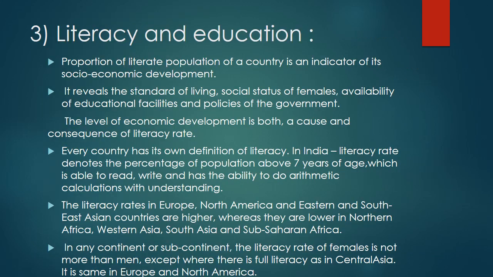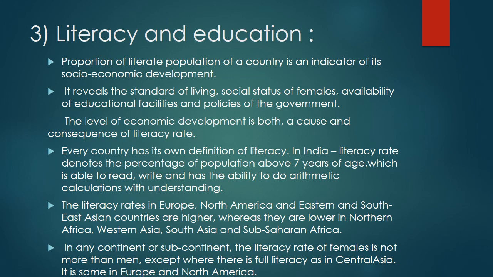Now the next part is literacy and education. The proportion of literate population of a country is an indicator of its socio-economic development. So wherever literacy is more, education is more, definitely the country's socio and economic development is also going to be high.